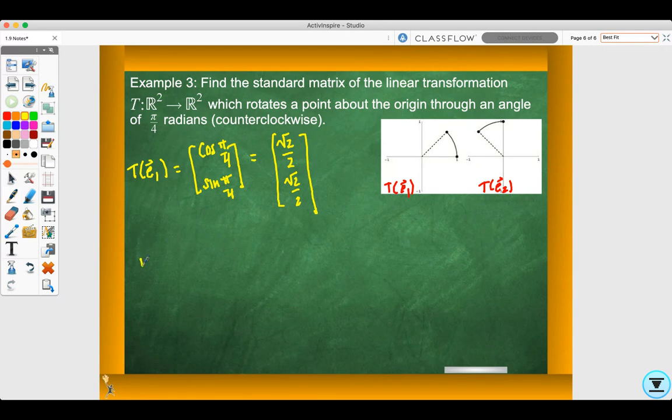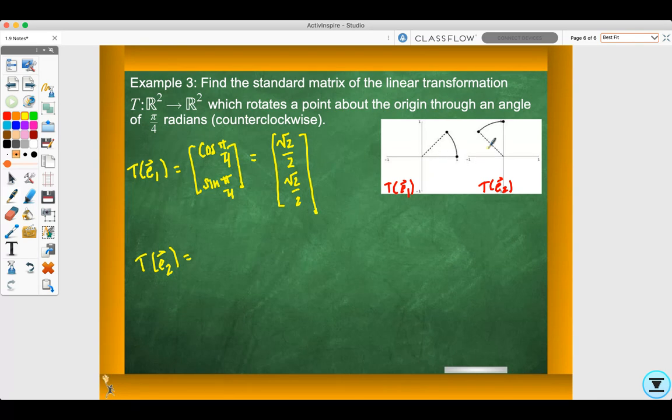My transformation of e2, when we're looking at this, you can think about it in more than one way, but we're doing this counterclockwise, and you need to think of coterminal angles with this.